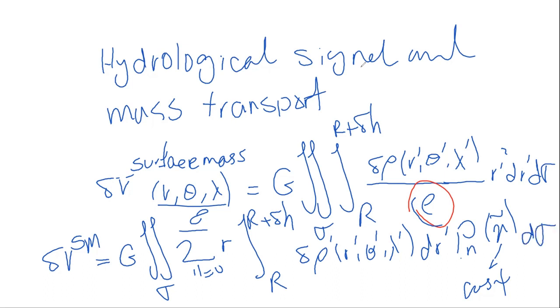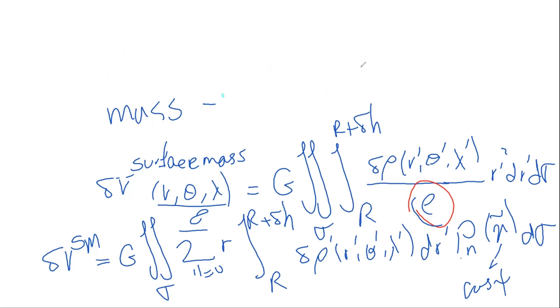One point that should be discussed here is about surface mass. What can we do with the surface mass? Let me write this R prime. Oh, I have missed this R prime.